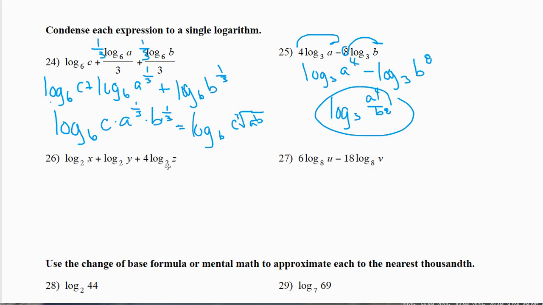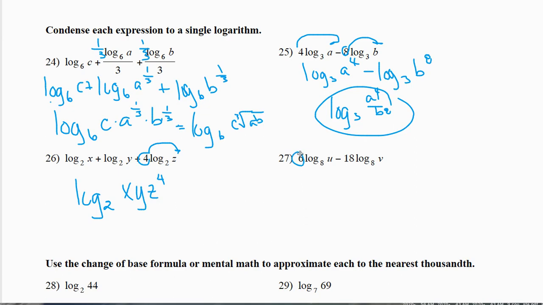Again, all the logs are the same, which is good. The 4 becomes our exponent for our z, and because we are adding, we are actually going to multiply. So this final answer becomes log base 2 of x, y, z to the 4th.